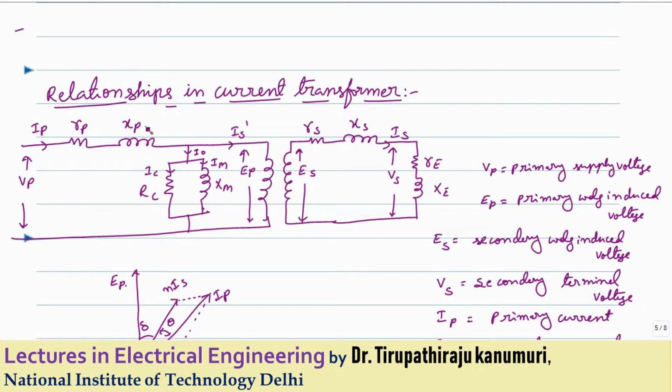The winding is done in such a way that this Xp will be very less. Similarly, the Xs also will be as minimum as possible. Similarly, the value of Rp, that means the primary side winding resistance, will be nearly equal to 0 because it is made up of one turn or two turns only, in order to decrease the voltage drop or the effect on the line.